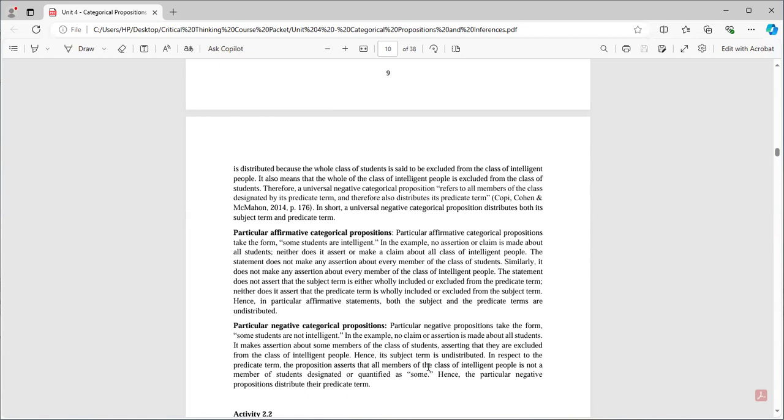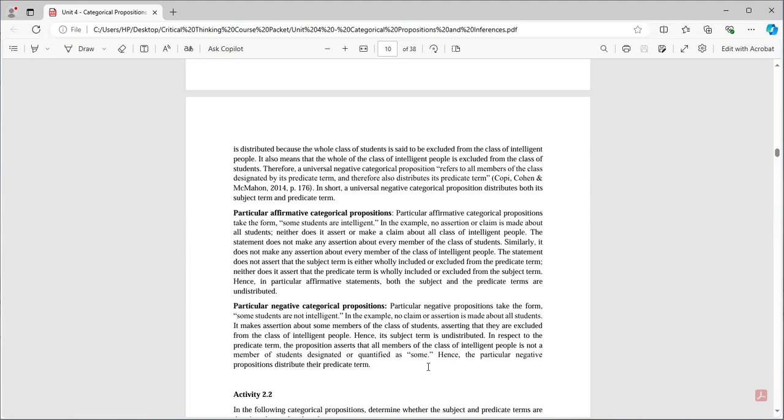So all intelligent people are not necessarily in the class of students. So with particular negative proposition, the subject class is undistributed, but the predicate class is distributed.